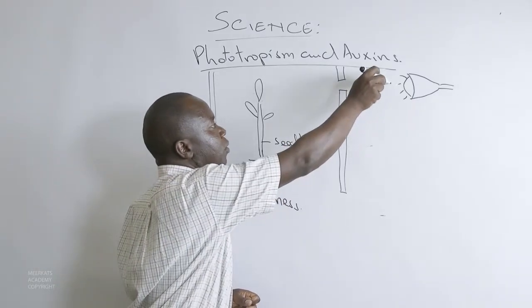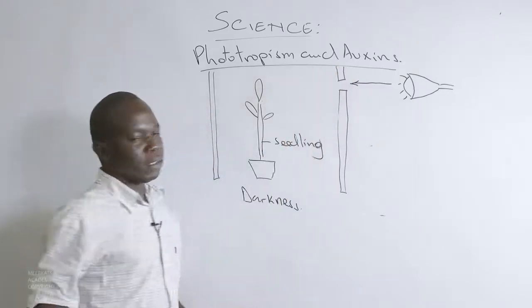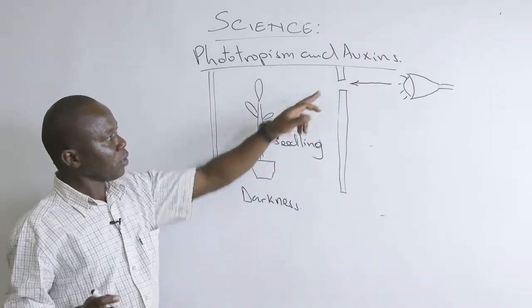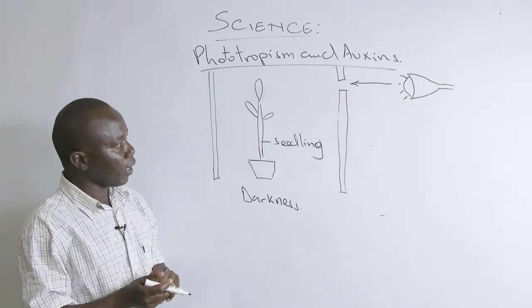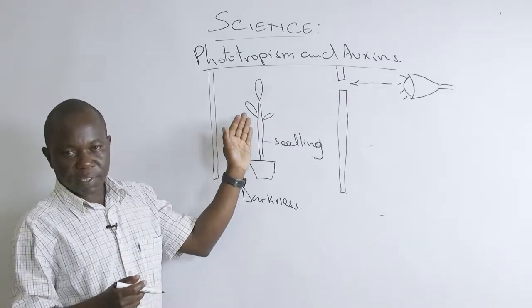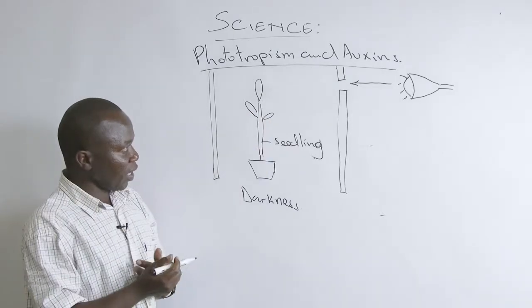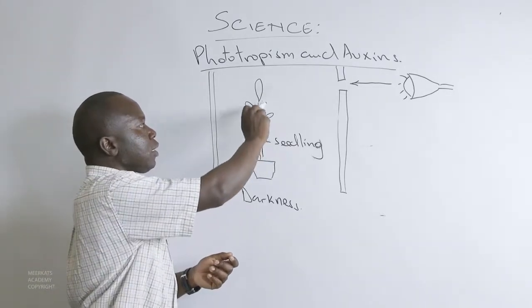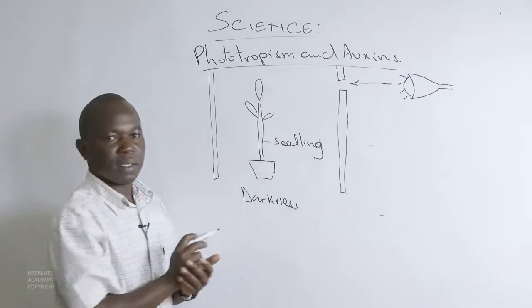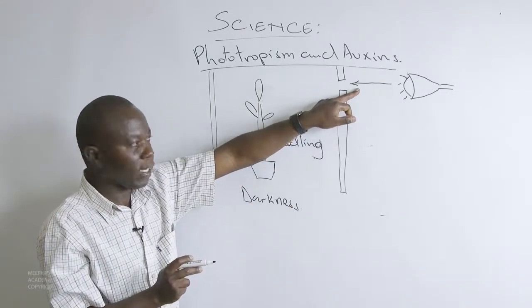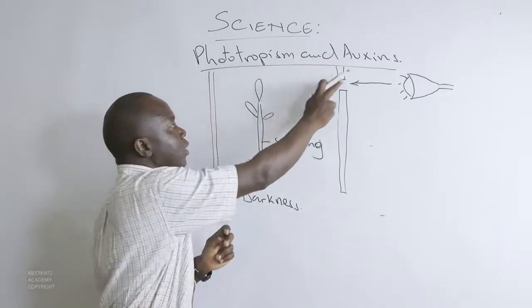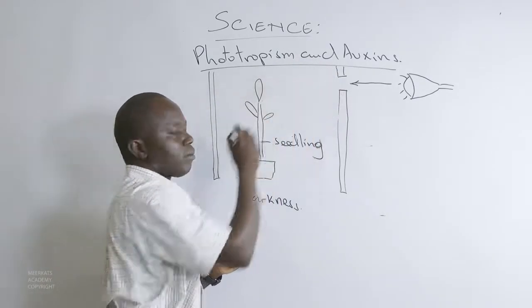But we provide unidirectional light at that point. The kind of observations that we shall make, you realize that after some few days, 3, 4, 5 days, this seedling will start growing towards the direction of light, toward that hole where the light is coming from.